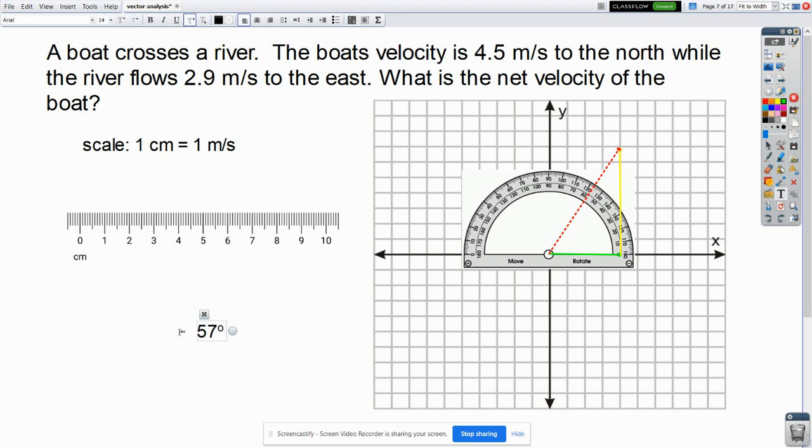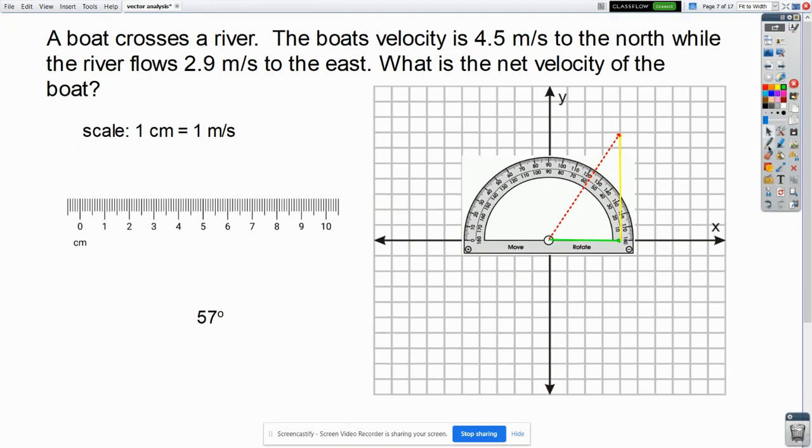Again, this is where how you draw it might become important. We want to think about these things in terms of a standard angle, thinking about this thing as a unit circle, with this being 0, that being 90, this being 180, that being 270. That is a legitimate 57-degree angle.